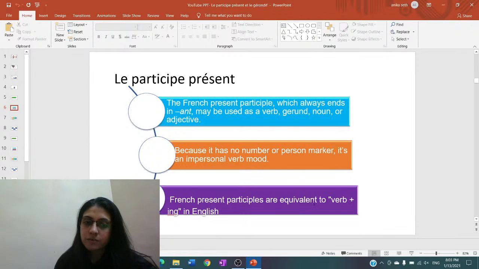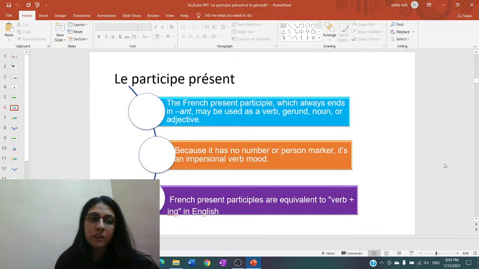And in English, the present participle is equal to the verb in the ing form. So when we put verb plus ing, like doing, being, having, all of these are the present participles of the verbs.